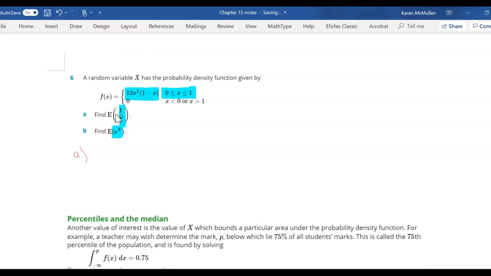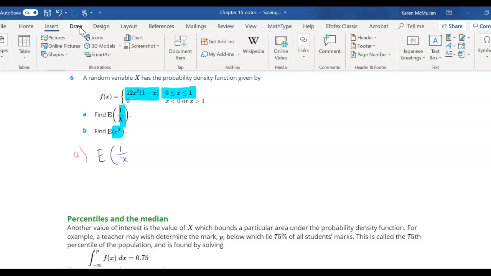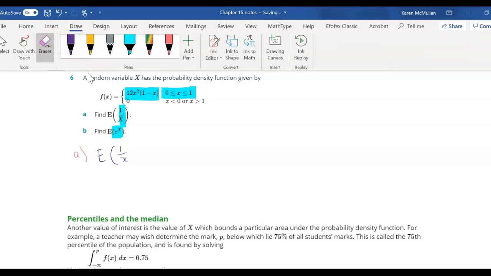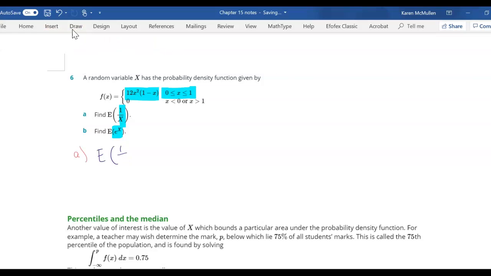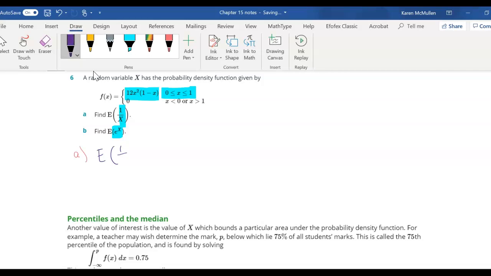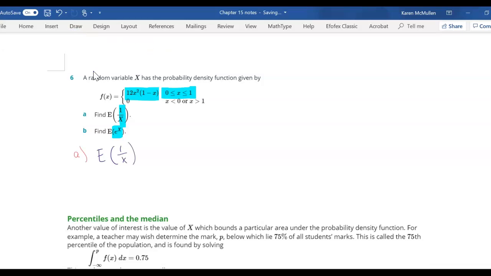So for your expected value, we're finding E of big X, be consistent, is equal to the definite integral. We're going from 0 to 1. Probably should have done this over the other side because I'm going to do this one by hand. So g of x is 1 over x, and I'm going to write 1 over x as x to the negative 1.